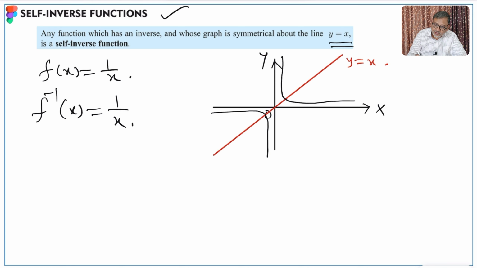If I want to draw the graph of f inverse, it will remain the same. So see, it is symmetric about the line y is equal to x. In both the parts, it is symmetrical about the mirror line y is equal to x, right?